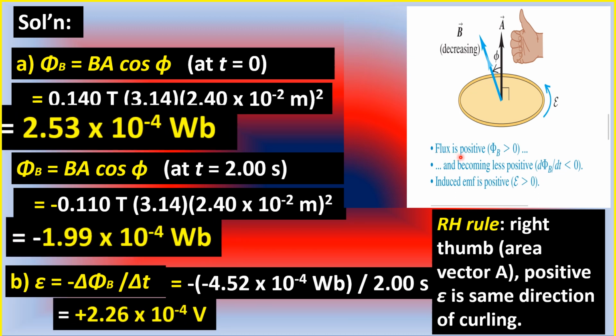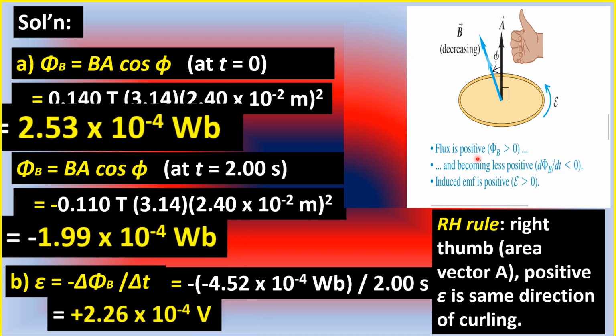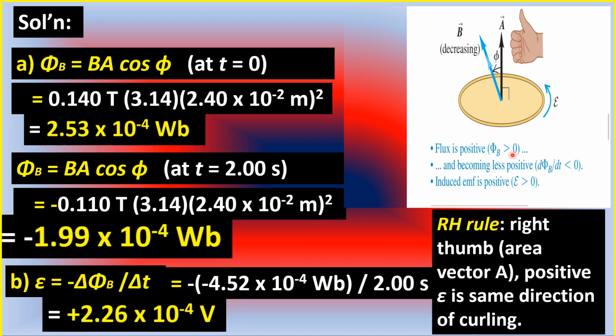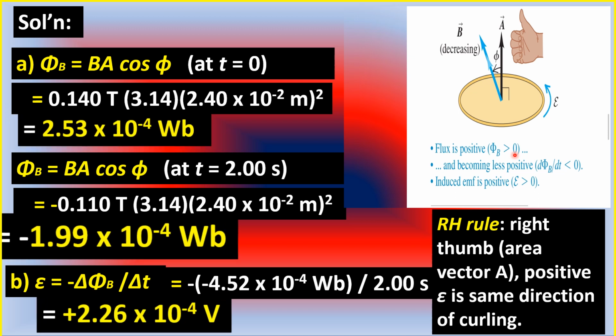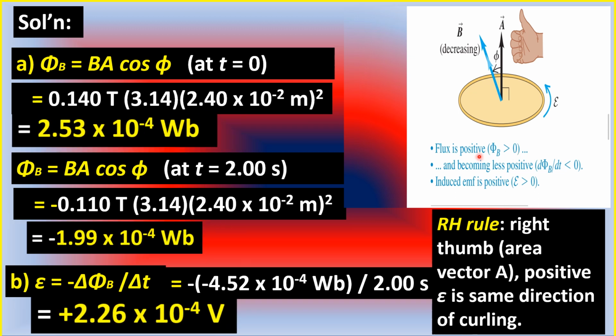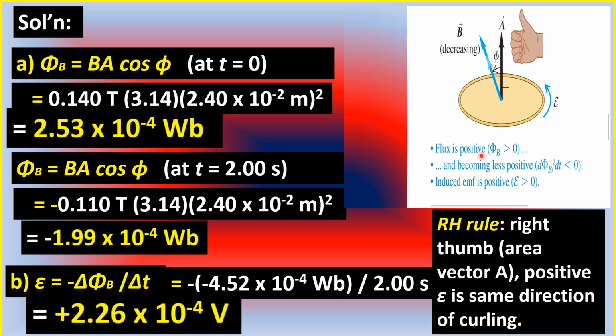Initially, the magnetic flux is positive. Positive meaning it is, as mentioned in the problem, directed to the positive z-axis.